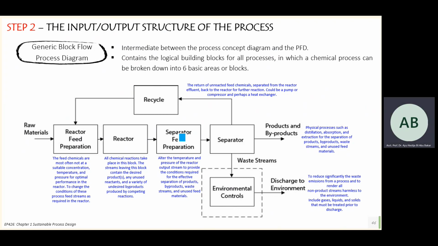heat exchanger to reduce the temperature so that it can flow in the separator at the set temperature. Okay, perhaps this separator can maintain the temperature at 100 degrees C. But products from the reactor at 200 degrees C. So you need to reduce the temperature first before pass to the separator.